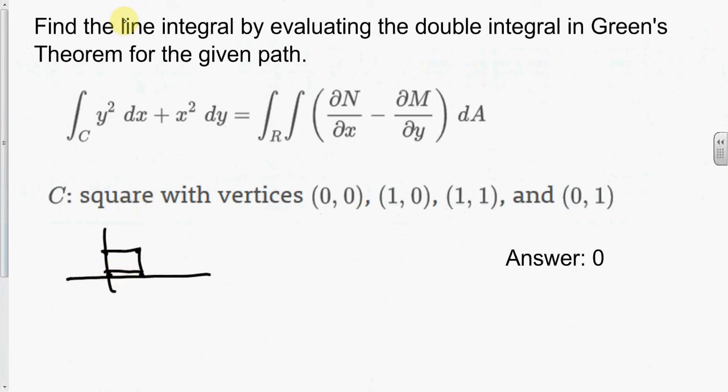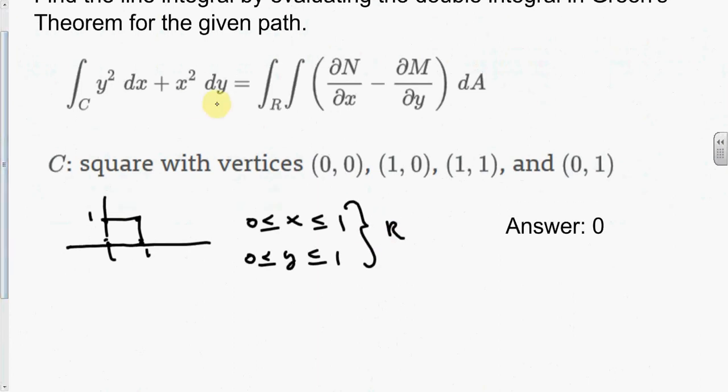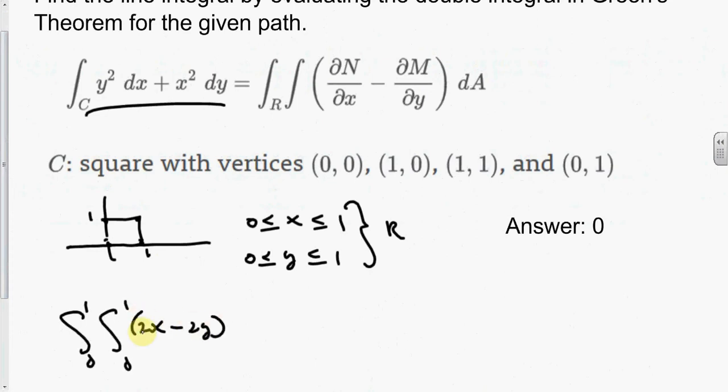So x is bounded from 0 to 1 and y is bounded from 0 to 1 for our region. This setup is the same as before. So this is the double integral from 0 to 1, 0 to 1. We had 2x minus 2y dy dx.